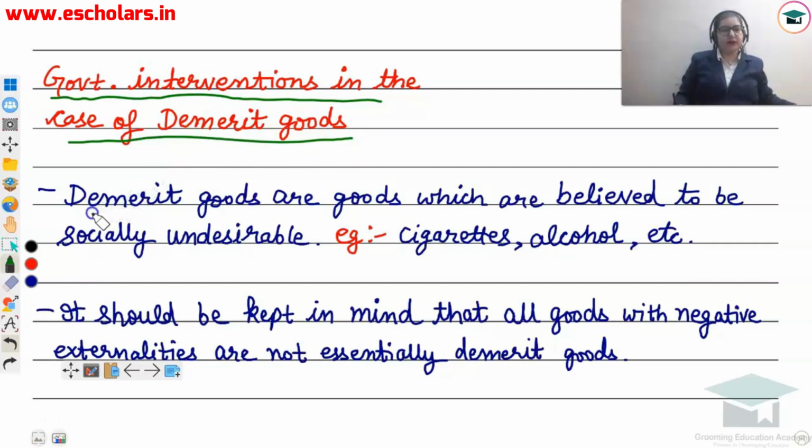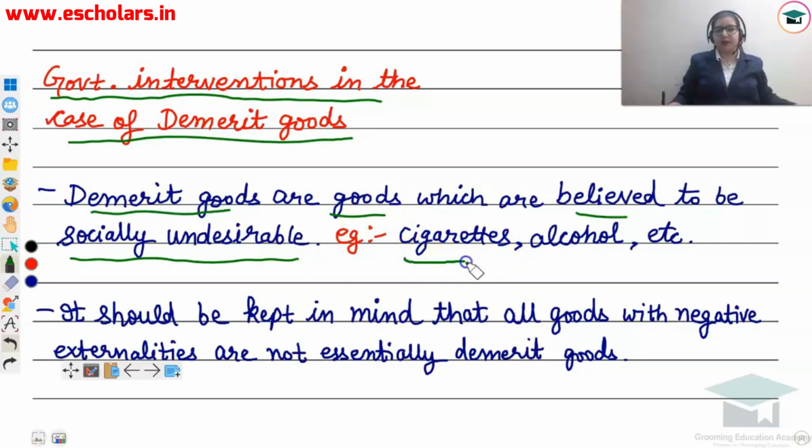Now students, we believe that demerit goods are basically those goods which are believed to be socially undesirable. That is, those goods which bring negative consequences for the society, and basically these are those goods which people in the society consume and they create negative externalities for other people living in the society.